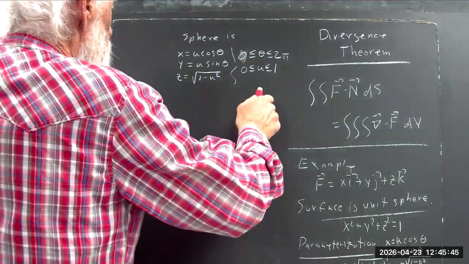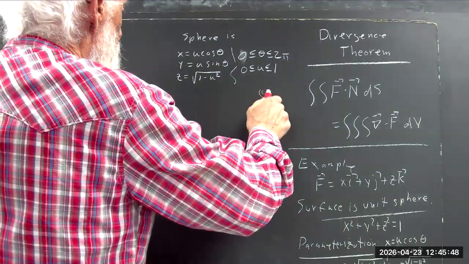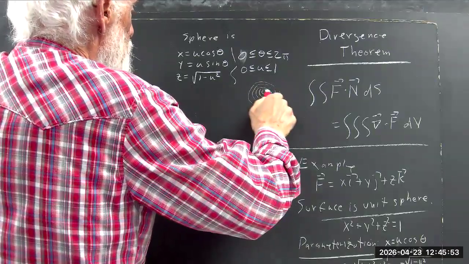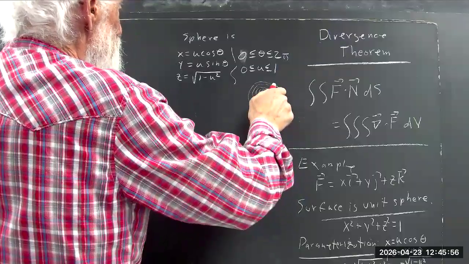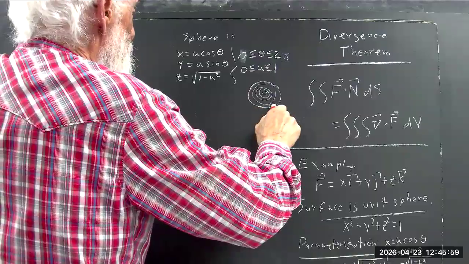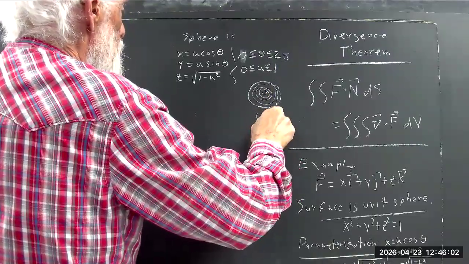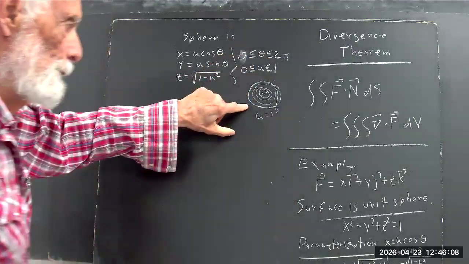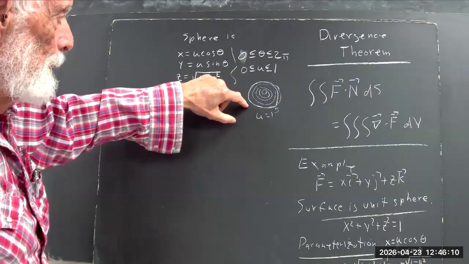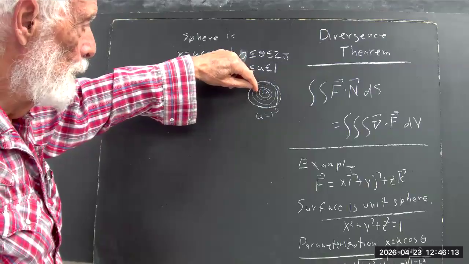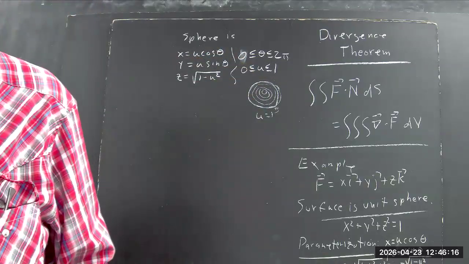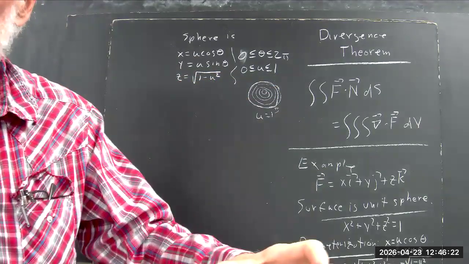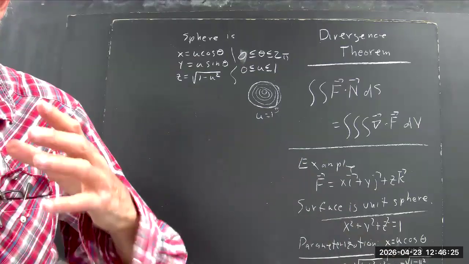Now, just a little picture that mimics a picture I've made before. This is a bunch of circles. Your u equals 1 circle is the boundary here. Now, this might be the u equals 0.2, 0.4, 0.6, 0.8 circle. If you do all the circles for u from 0 to 1, you get the whole disk, every point inside the circle of radius 1.